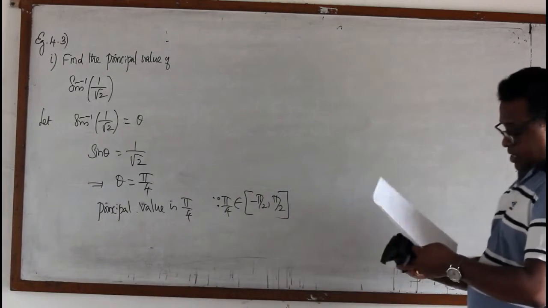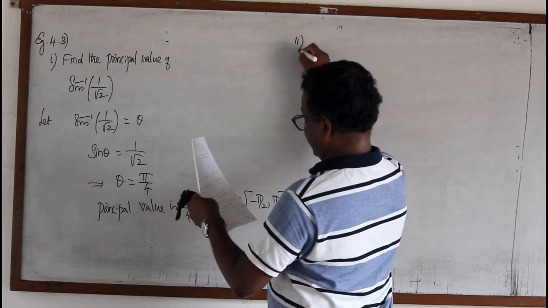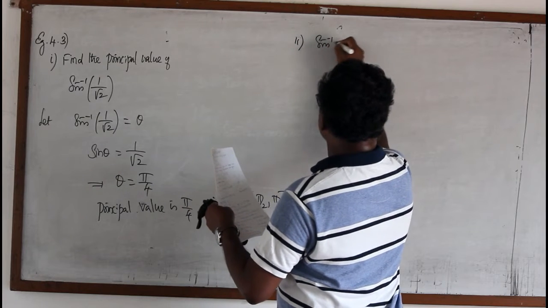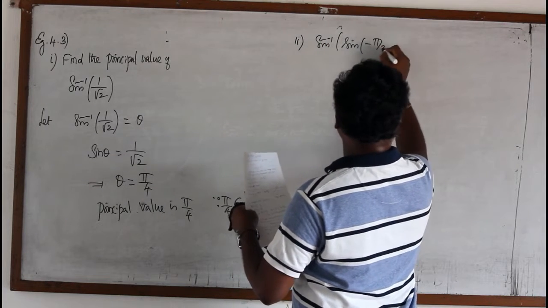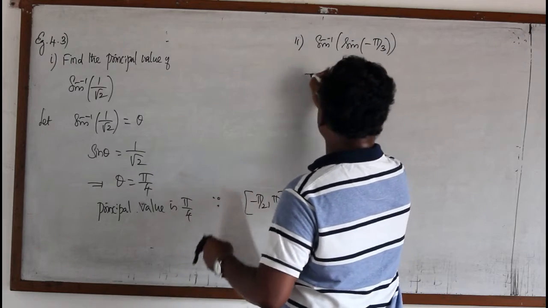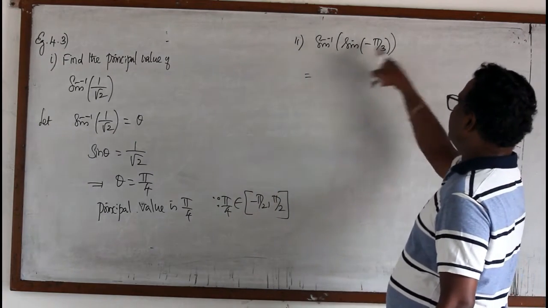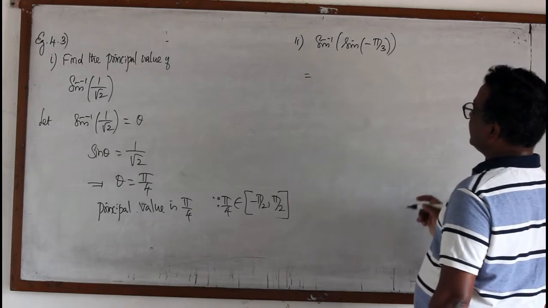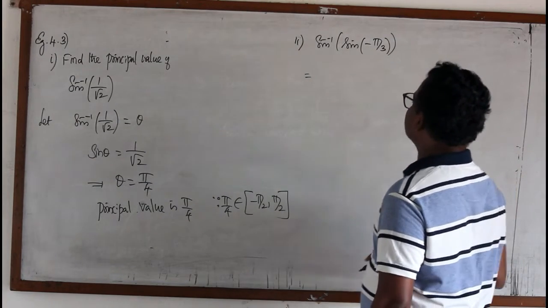Now example 4.3, second one. Sine inverse of sine of minus pi by 3. Will minus pi by 3 be in the range? Yes. We know sine of minus pi by 3 is minus sine pi by 3.